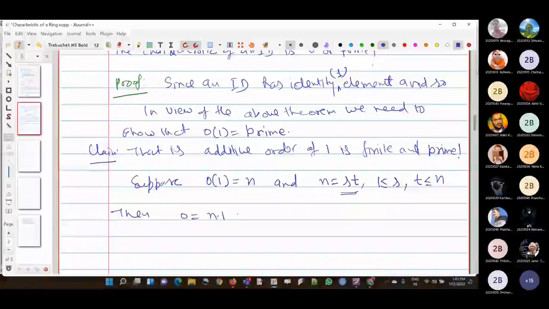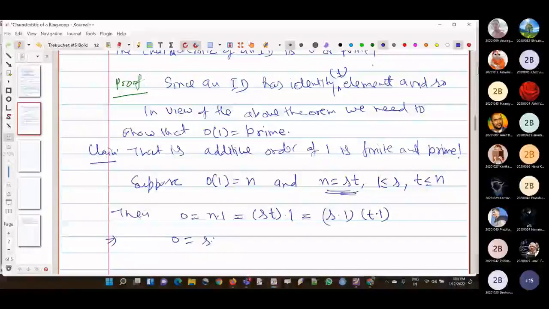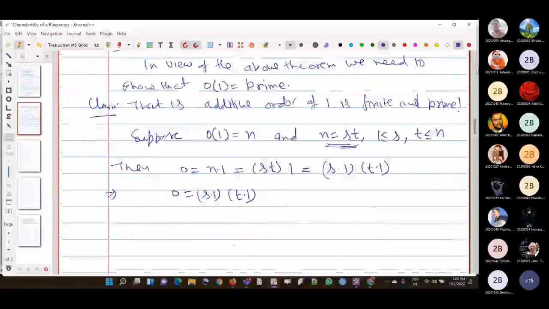Also, since n equals st, we write s times t times 1. So this we can write as (s times 1) and (t times 1). So 0 equals (s times 1)(t times 1), and the product of these two elements is 0.